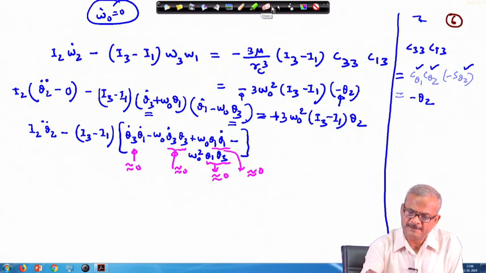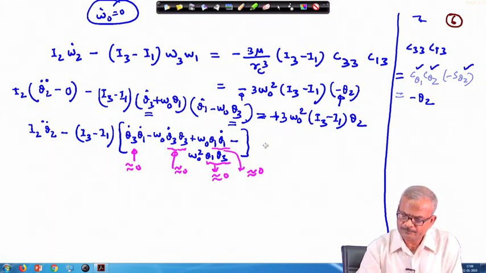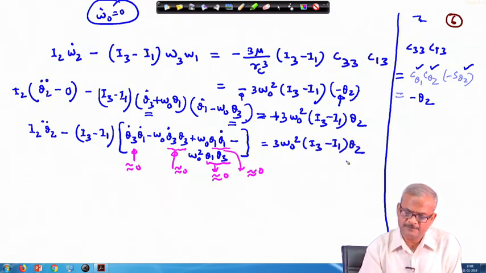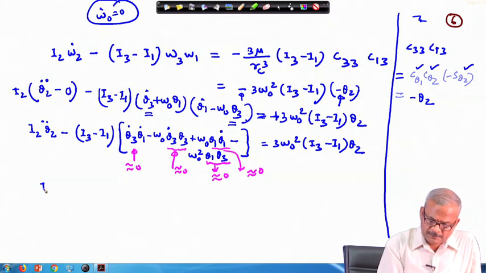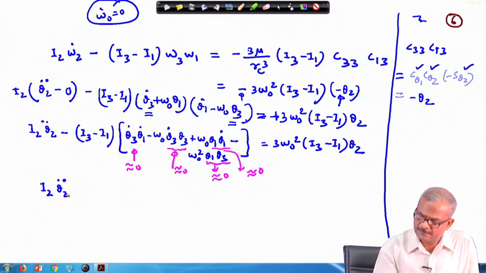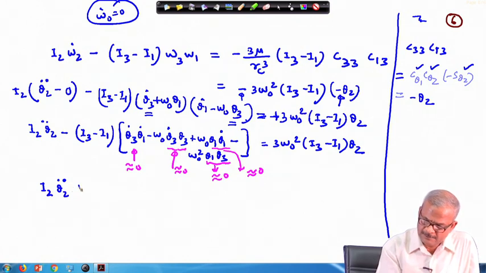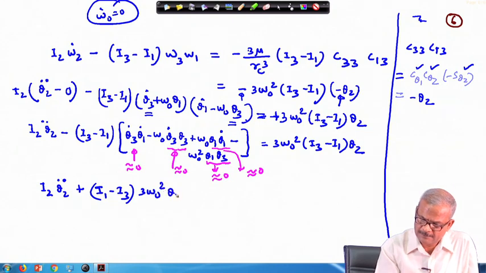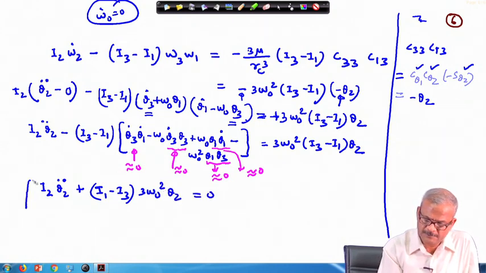On the right hand side, we are then left with 3 omega 0 square (I3 - I1) times theta 2. So, this can be written as I2 times theta 2 double dot plus (I1 - I3) times 3 omega 0 square theta 2, and this equal to 0.